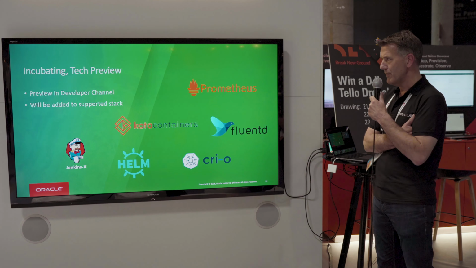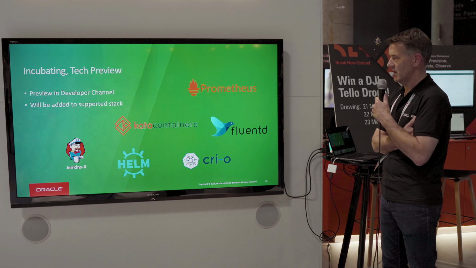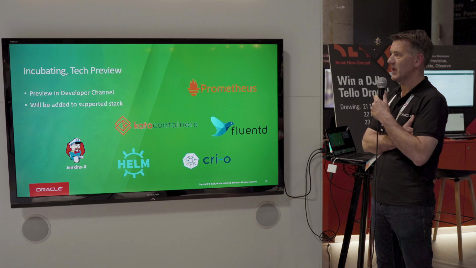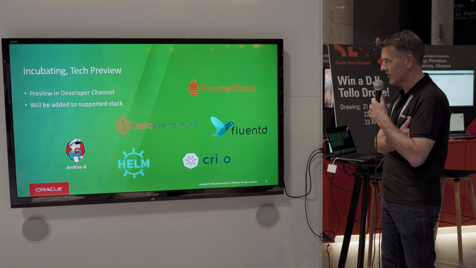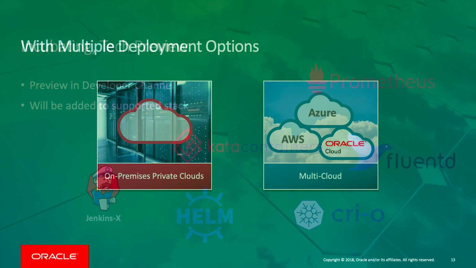Incubating or in tech preview at the moment. Some of these tools are already available in the developer channel, like Kata containers. Recently there was a very nice blog on blogs.oracle.com/linux about Kata containers, how to implement Kata containers in an Oracle Linux environment.